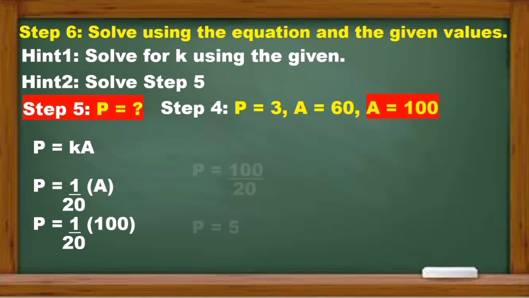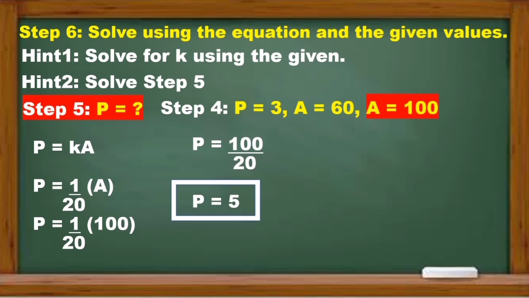P is equal to k times A. Then, P is equal to, the value of k is 1 over 20, then copy A. Then P is equal to 1 over 20, substitute the value of A, which is 100. Then P is equal to 1 times 100 is 100, over 20. Then simplify. 100 over 20 is 5. Therefore, P is equal to 5.